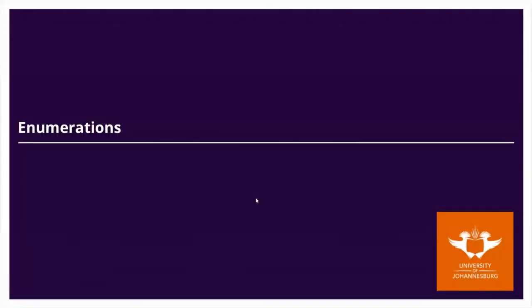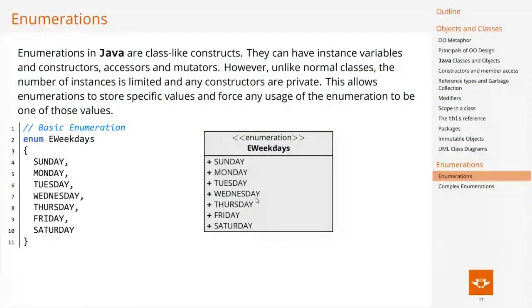Then the last thing we need to look at is enumerations. So enumerations are special types of classes. They look like classes, they smell like classes, but they act like something else. They work with the keyword enum instead of class, and they define instances that can only be those values.